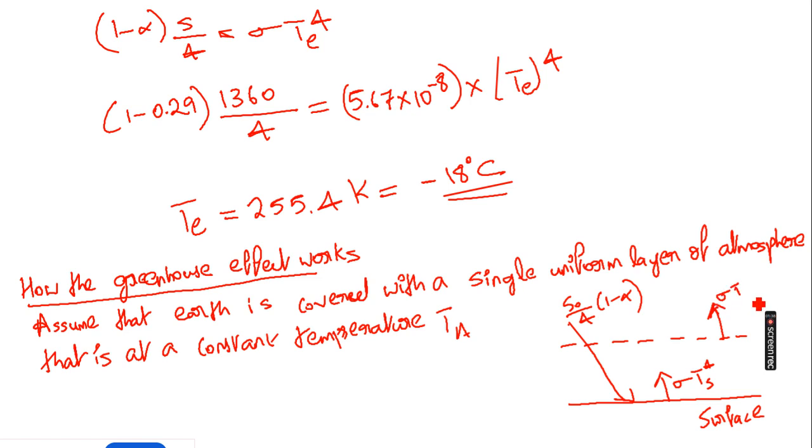The energy that is being re-emitted by the atmosphere is given by sigma Ta raised to 4, and it re-emits in both directions, not only upward but also downward. So the atmosphere, after absorbing some of the radiation emitted by the Earth's surface, re-emits some amount back to the space and some amount back to the Earth's surface as well.